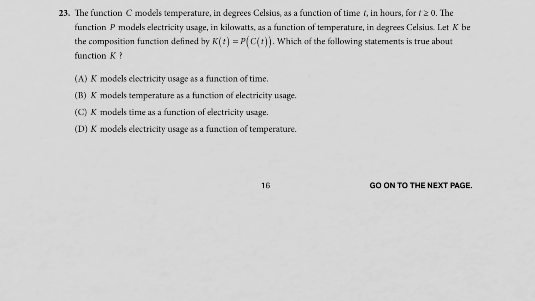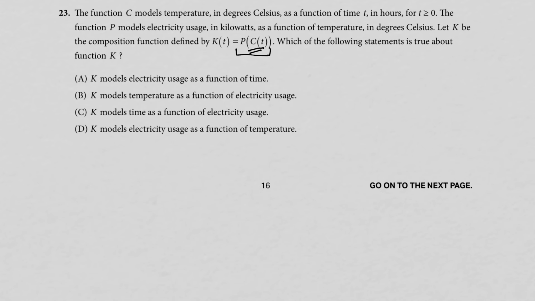In 23, they have a function. So you have the function C. The function C is degrees Celsius as a function of time. But then P turns temperature into kilowatts.